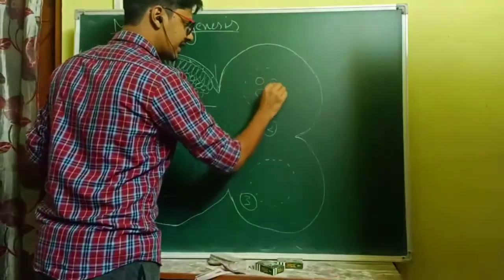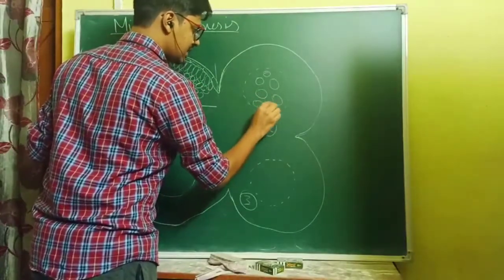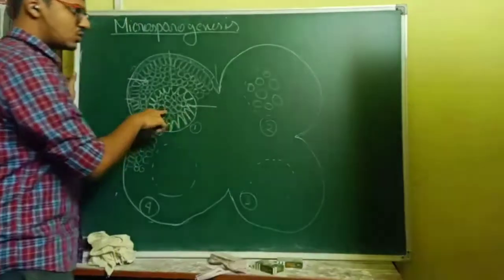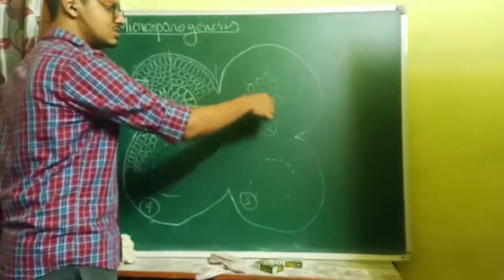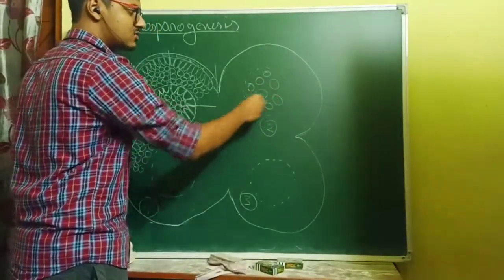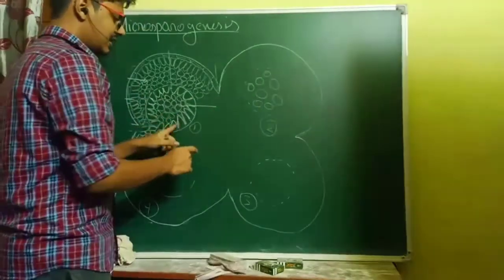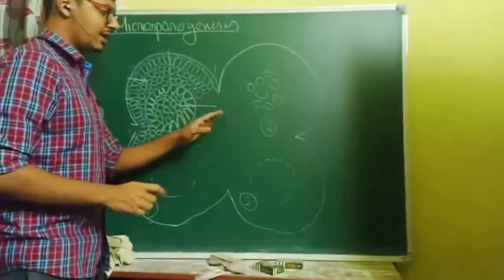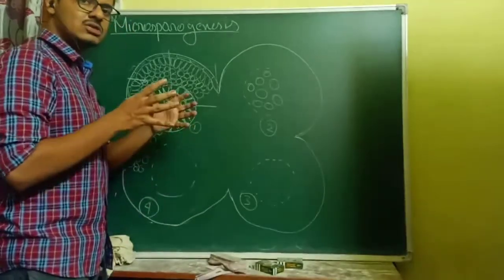These cells are now here. Now you may say, sir, here these cells were so tightly packed. Why are these cells so loose? Are they maintaining social distance? No, they are not. Actually what happened is, by the time we go from stage 1 to stage 2, the anther has grown a bit.